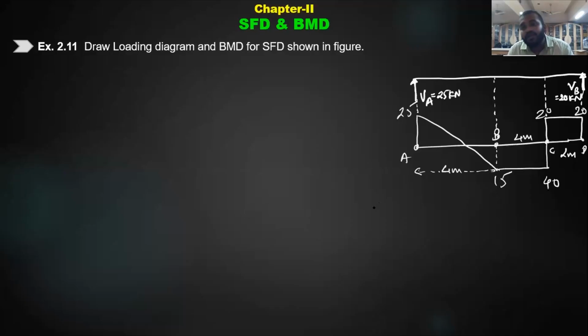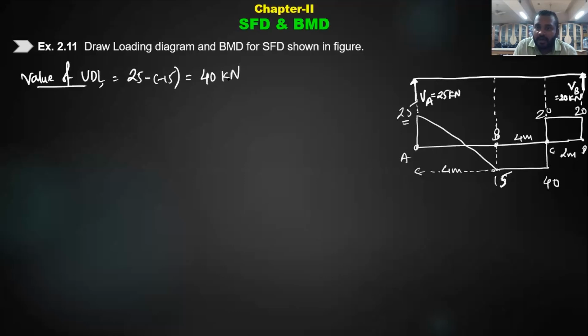Now can you tell me the value of UDL by looking at this particular SFD? Value of UDL, how will you calculate it? Sir, 25 minus 15. Yes, see, from 25 it went down to -15. So what will be the equivalent UDL value? 25 minus 15, it is below, so the change is 40 kilonewton, right? So if I have to find the intensity of the UDL, then intensity multiplied by span must be equal to 40.